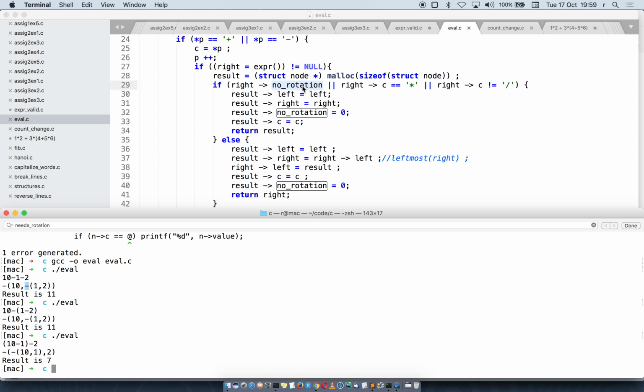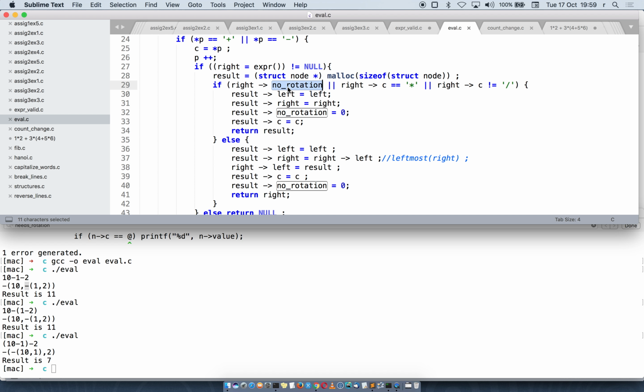To say no rotation is false. So no rotation is false. The operator to the right is minus, so therefore this is false, and this is false too. Therefore, we jump to the else. When I jump to the else, we perform the rotation.